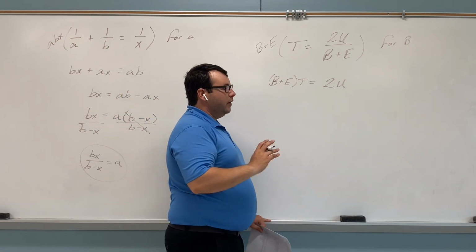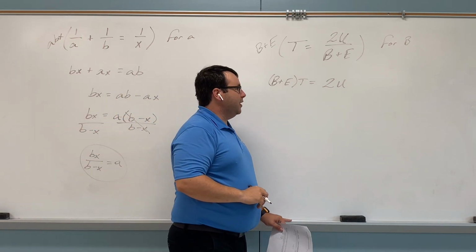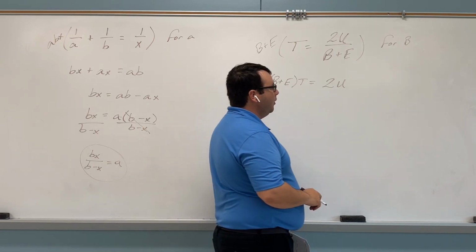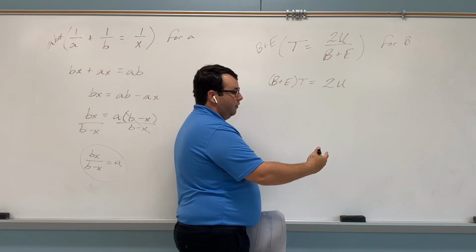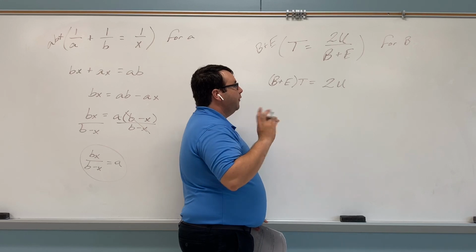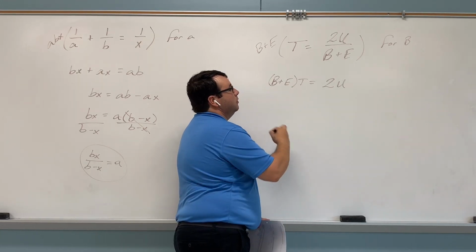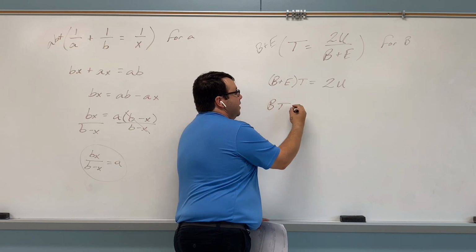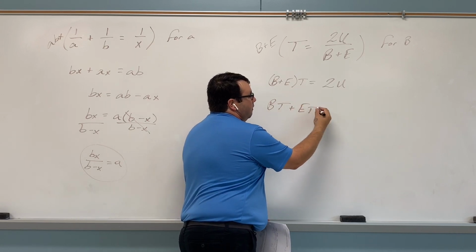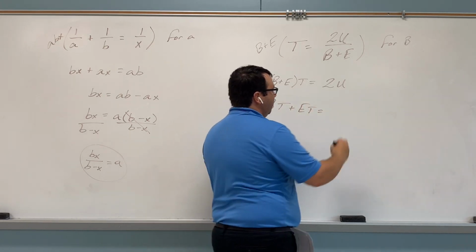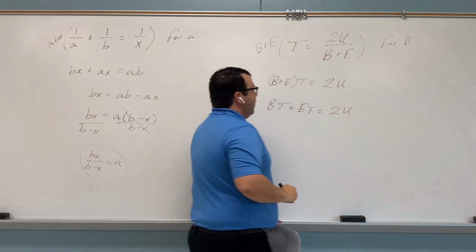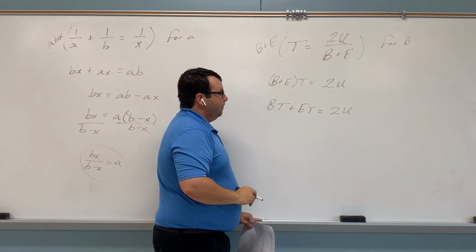Now, there's a couple different things that you can do at this stage, and I will actually show you the second way of doing this in just a moment. But the first thing that probably pops to mind is, hey, let's distribute, right? So you get bt plus et, et is not phoning home, and you have that equal to 2u.